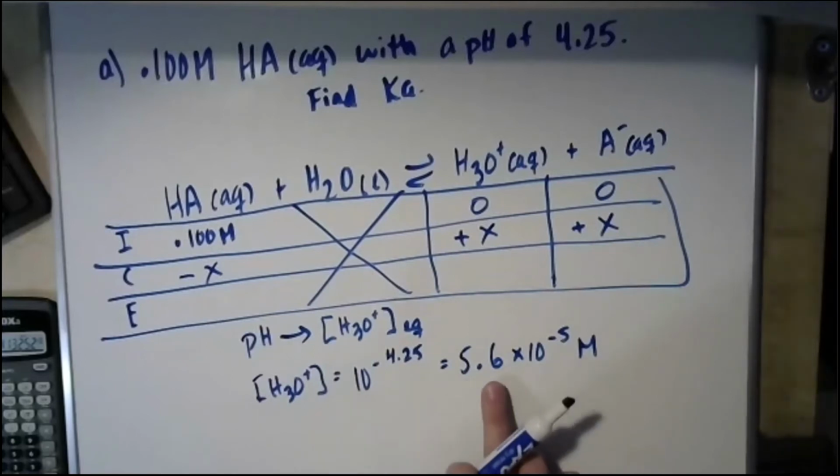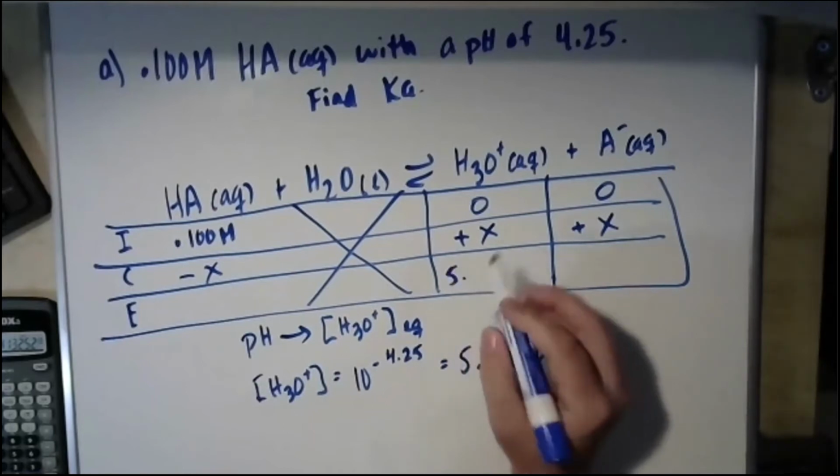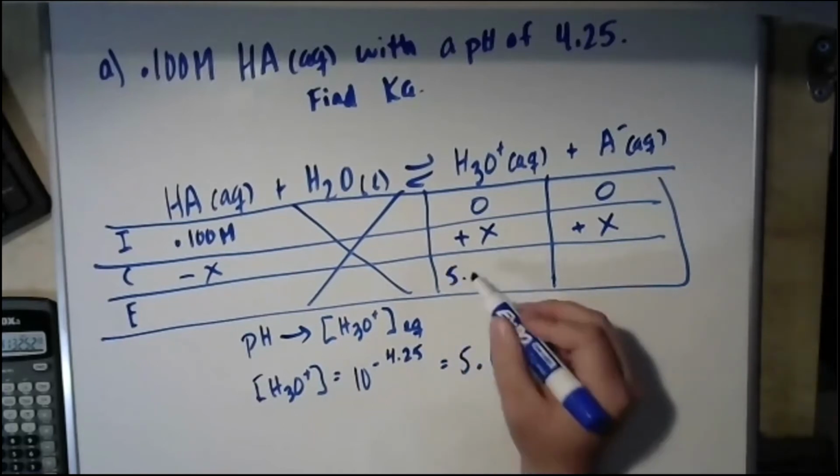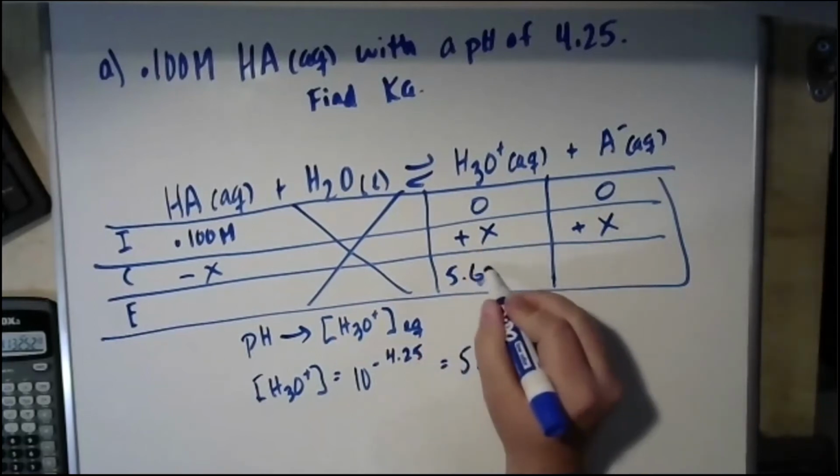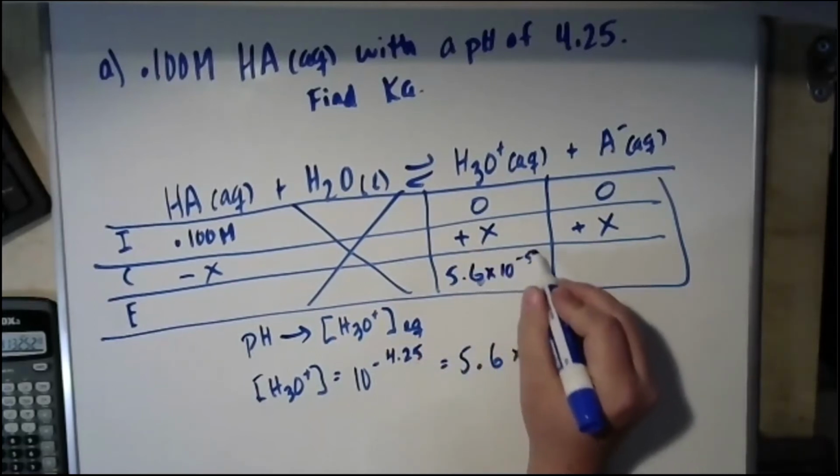So the fact that we just found our hydrogen ion concentration at equilibrium means that we found the value of X. So it's going to be 5.6 times 10 to the negative 5.